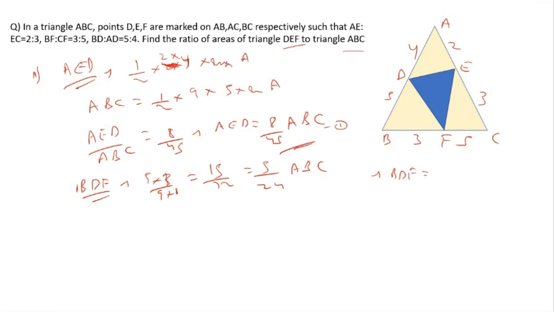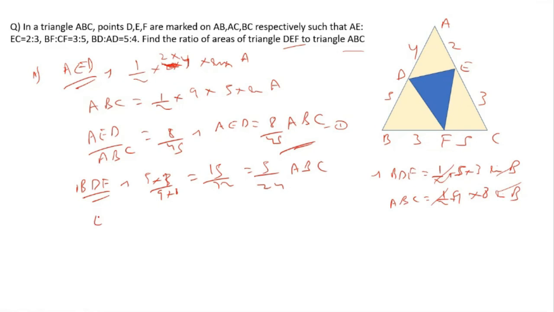Let me write it down for this one as well. BDF was half into 5 into 3 into sine B, and ABC would be half into 9 into 8 into sine B. Again, we're taking everything with respect to ABC, and here we write it in terms of sine B because we need to cancel the sine B. If this is 5, this entire side would be 9. If this is 3, this entire side would be 8. When you divide, this and this get cancelled, and you're left with 15 by 72, or 5 by 24.